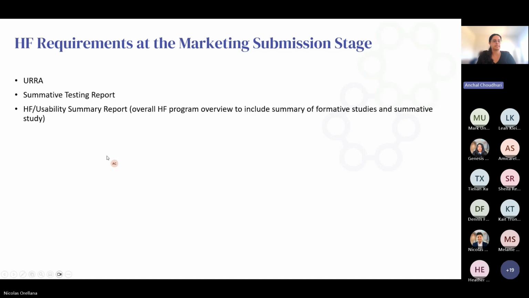You're going to want to submit your summative validation testing report, and you'll also want to submit a human factors summary report, which summarizes your overall human factors program. It should include summaries of the formative studies that were conducted, any changes that were made on your device through development, and then a brief summary of your summative study as well.